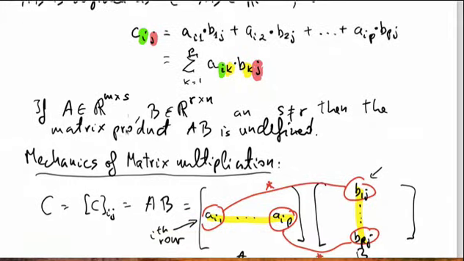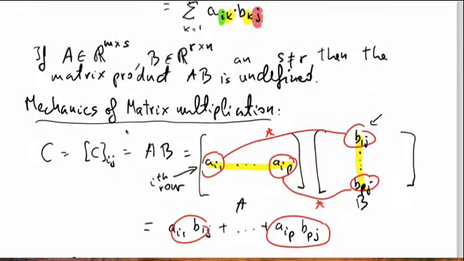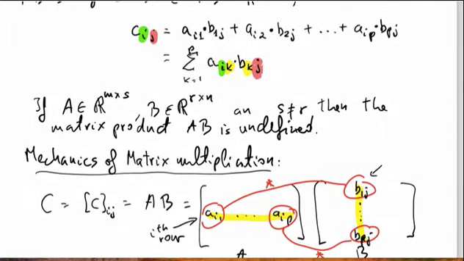Here is the mechanics for the matrix multiplication. If you look at this summation, what you should notice is that once you write the A and B matrices next to each other, then the A's, A_i1, A_i2, A_iP, these are the elements in the ith row of the A matrix, if you want to calculate the ij element of the new matrix, the product matrix.